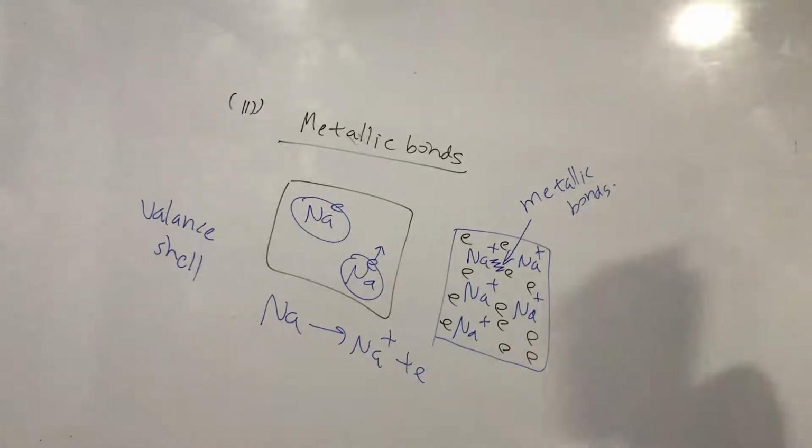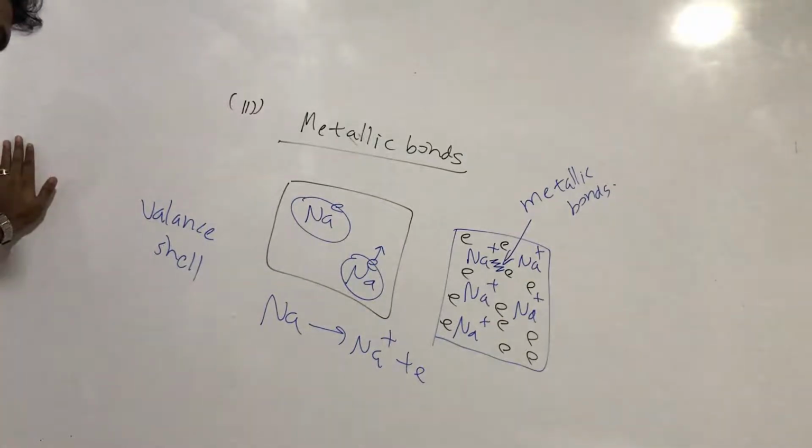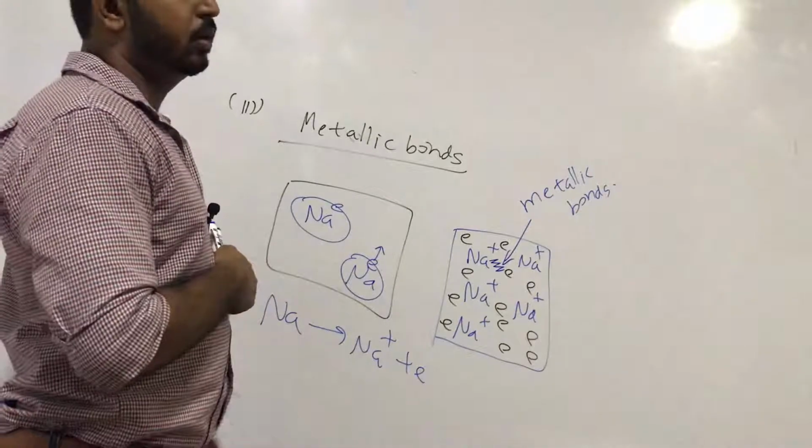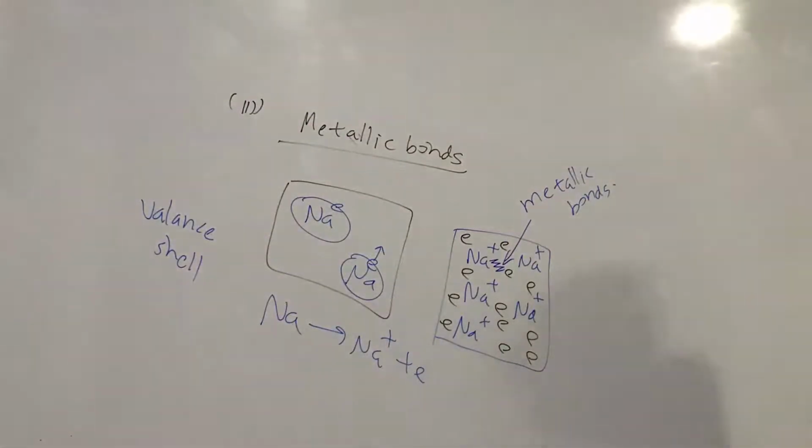The electrostatic charge formed between these positive and negative ions behaves as a bond. These bonds are called metallic bonds.